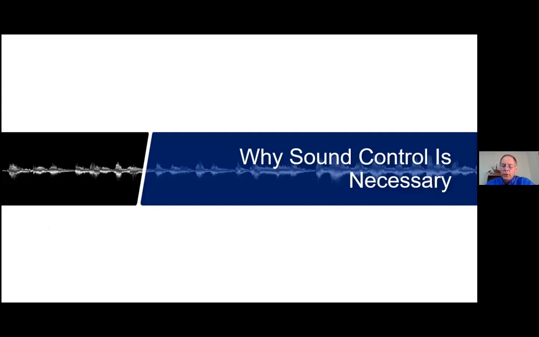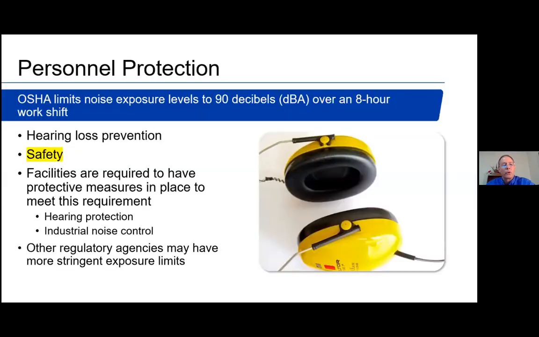So let's start off and talk a little bit as an introduction about why sound control is necessary. One of the primary drivers behind the interest in sound control, obviously, is personnel protection, making sure that workers within a facility or people out and about living their daily lives will not be exposed to noise levels that could cause any damage or loss of hearing capability.